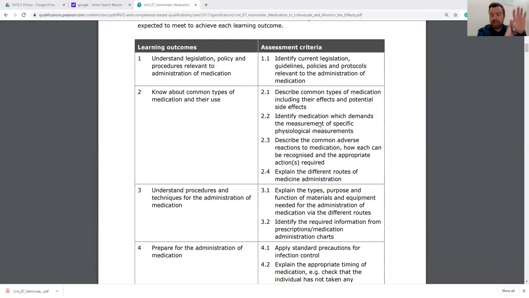So you've got pain medication here, types of medication there, could be paracetamol, ibuprofen, or opioids. Their effects are about blocking pain, reducing inflammation and swelling, and helping the person to recover from an injury. The potential side effects of pain relief are generally things like constipation, feelings of sickness, dehydration, and feeling thirsty.